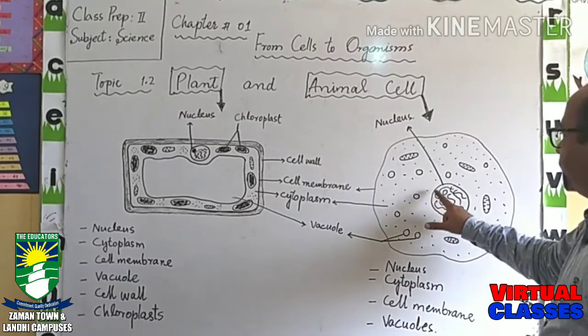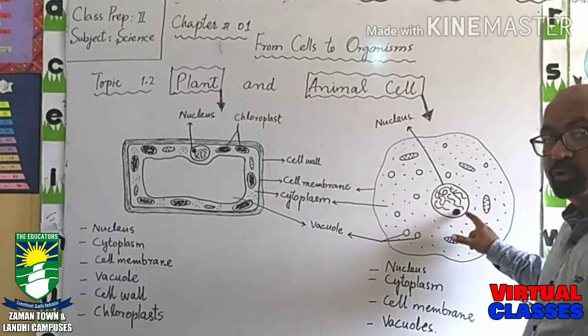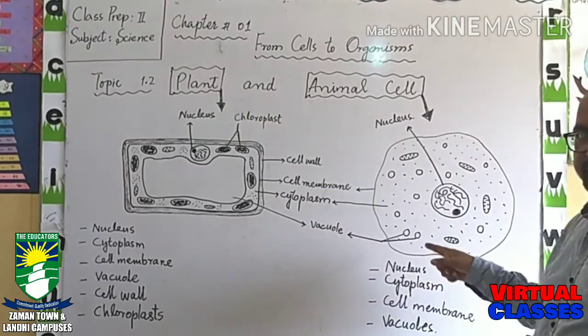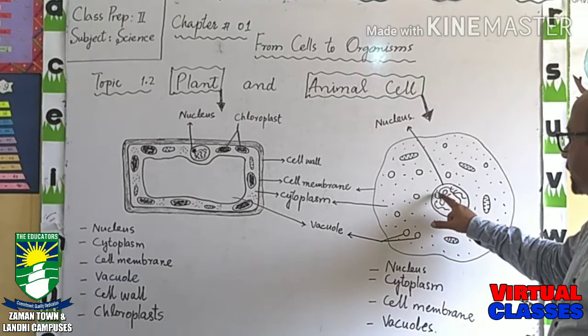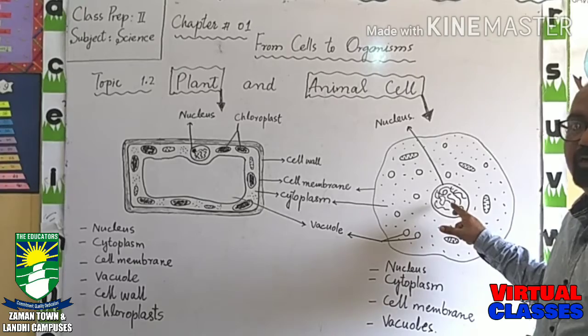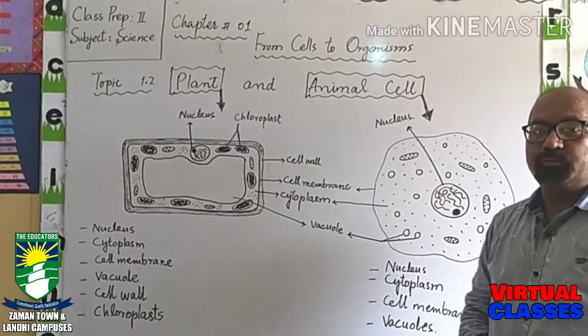Number 2, nucleus. This is the nucleus, and it is present almost in the center of the animal cell. The thread-like structures present inside the nucleus are called chromosomes. What are chromosomes?